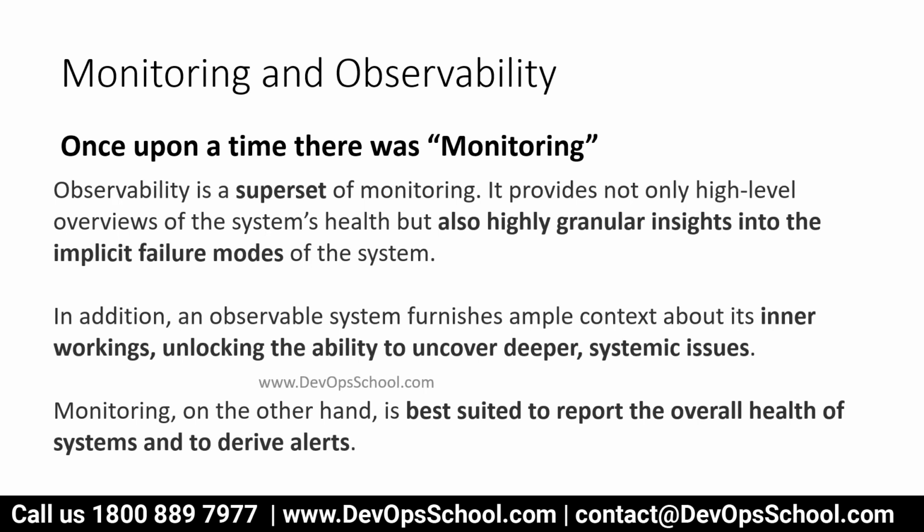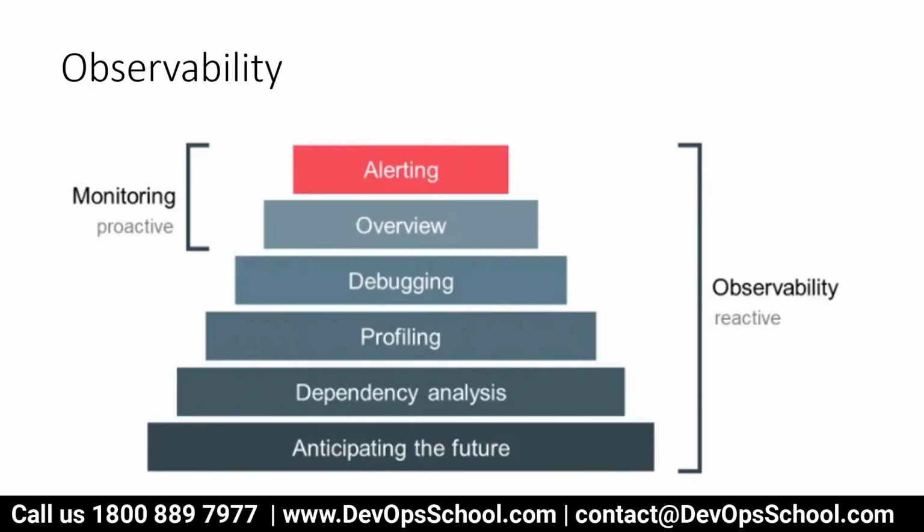Monitoring, on the other hand, is best suited to report the overall health of the system and derive alerts. So in these visualizations, monitoring means overview and alerting, whereas observability includes debugging, profiling, dependency analysis, and anticipating the future also.